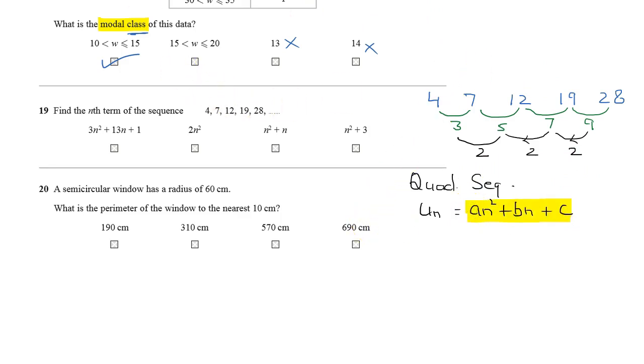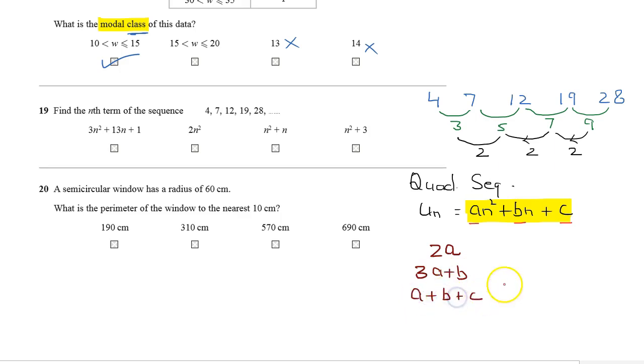Now what are the values of a, b and c? We have to find a, b and c. To solve this we need three formulas: 2a, (3a plus b) and a plus b plus c. Now 2a is this.